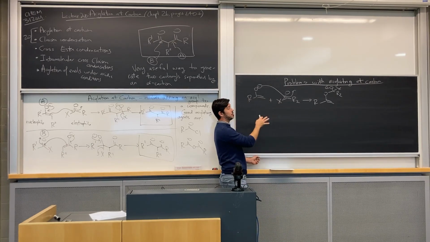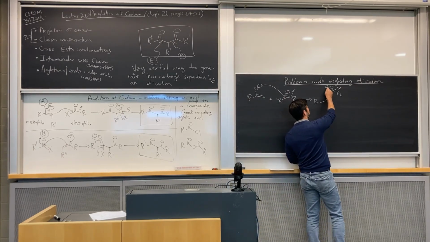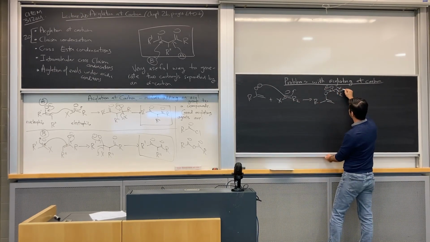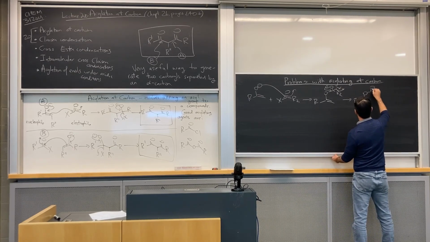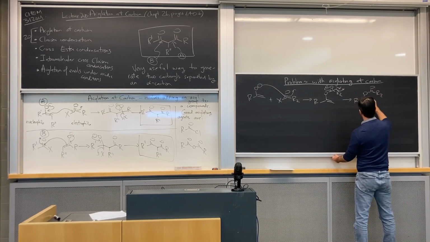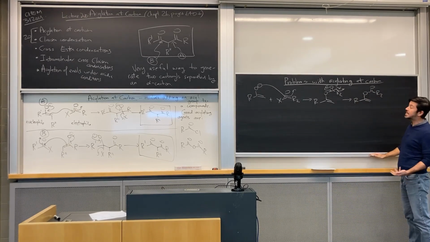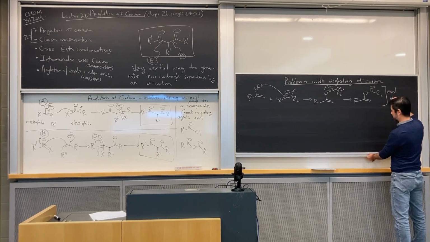You'll generate a tetrahedral intermediate like this. And then the problem is, once this collapses, the X is your better leaving group. So you're going to generate this compound here, which is an enol ether. And it's definitely not what you're trying to make.